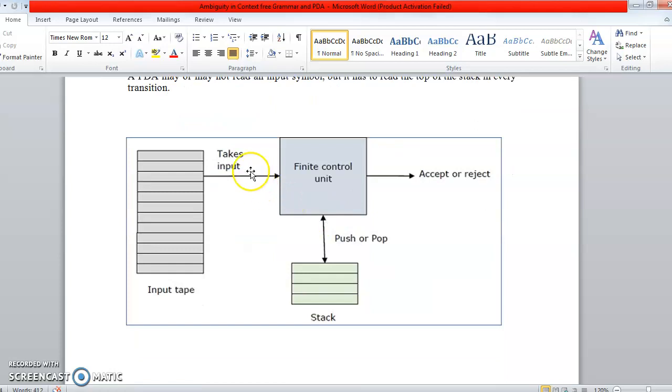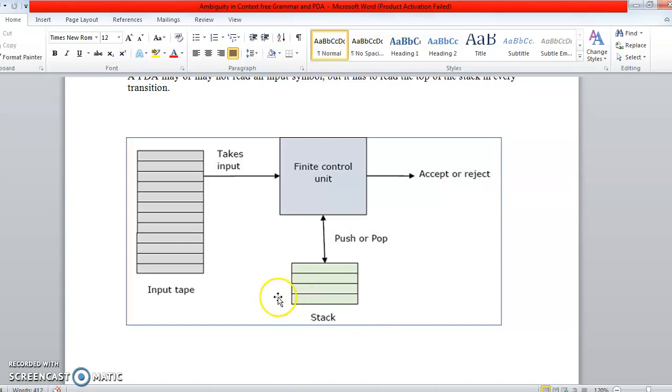This is the diagram of the operations of the push-down automata. This is the input tape from where the particular state will take the inputs. In the previous classes, I made you understand how the state will take the inputs and shift to the next state.